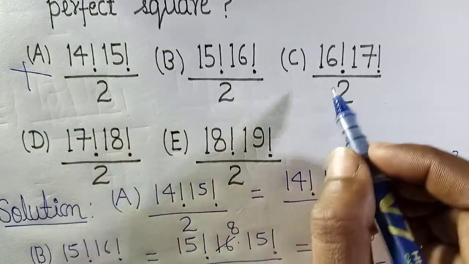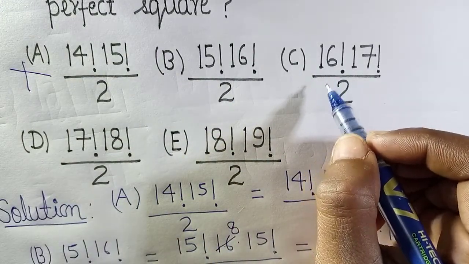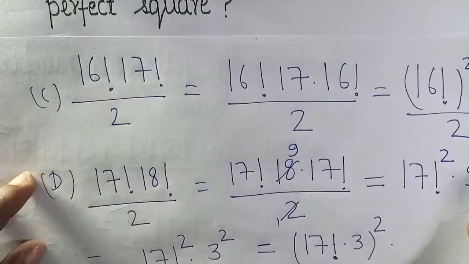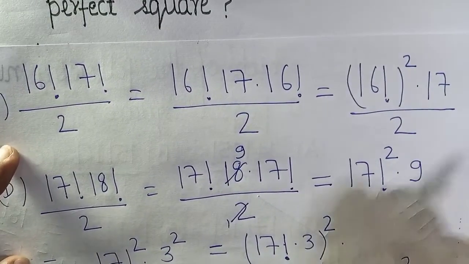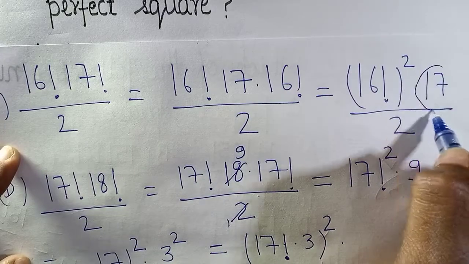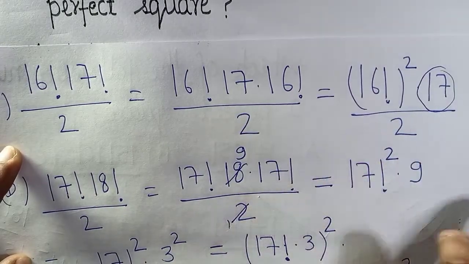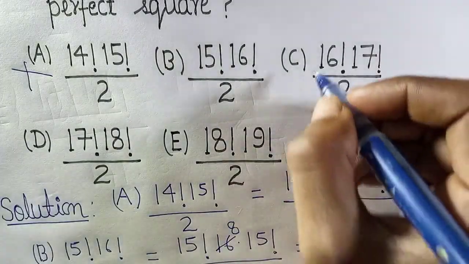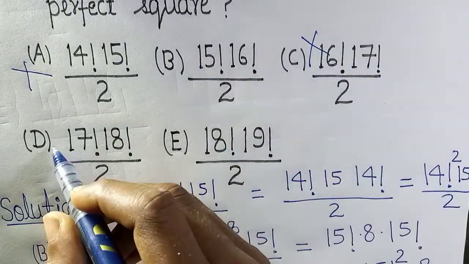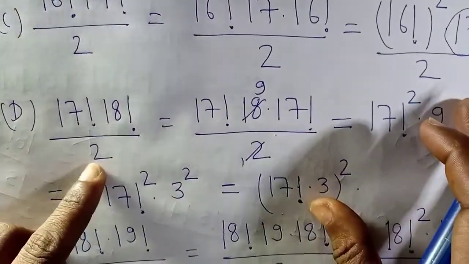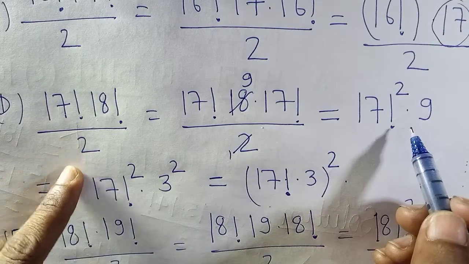And it cannot be C, because there is an extra factor of 17 in the numerator.